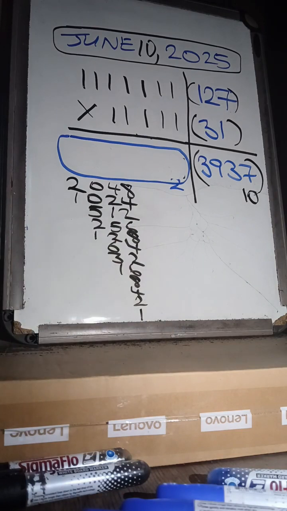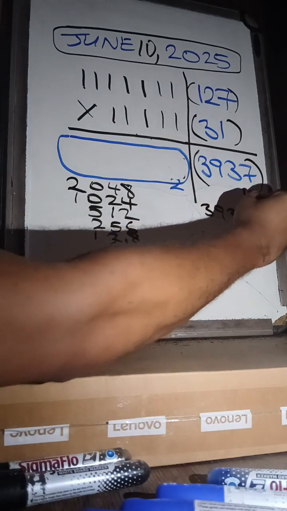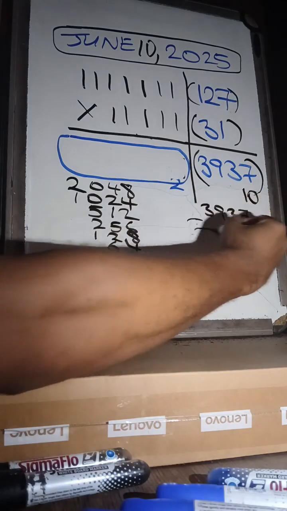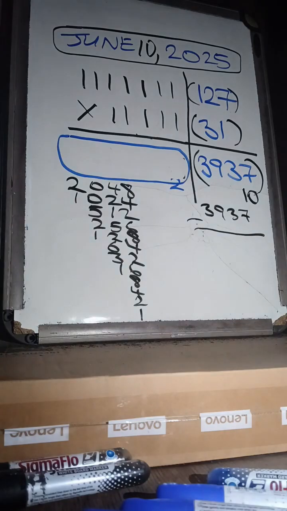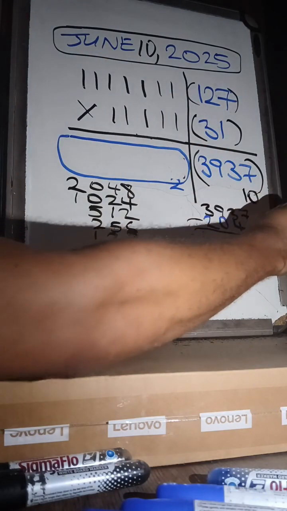Alright, so obviously we're going to use 2048. So what happens when we minus 2048 from that?